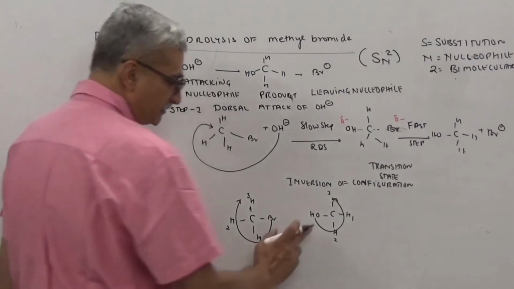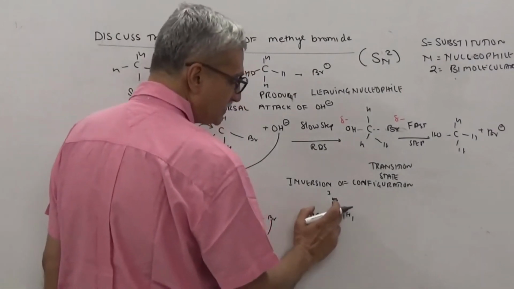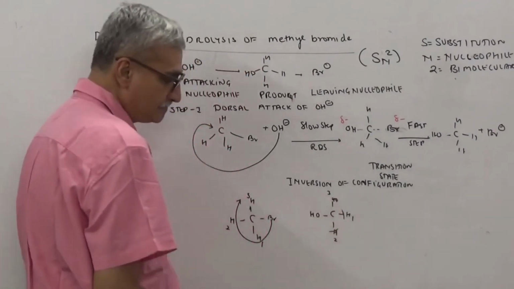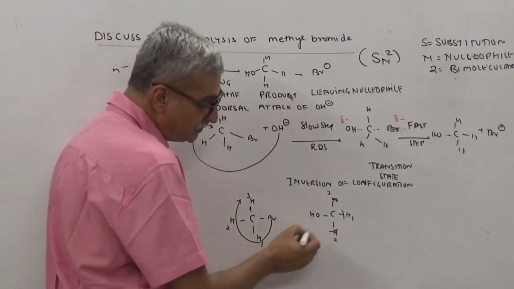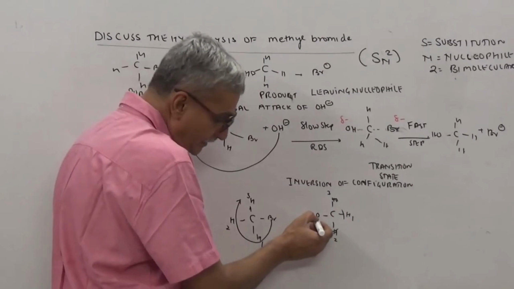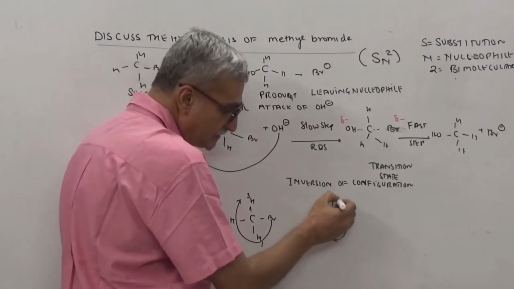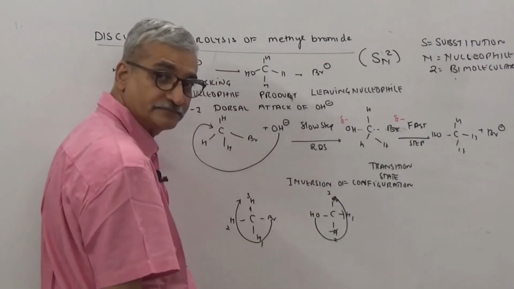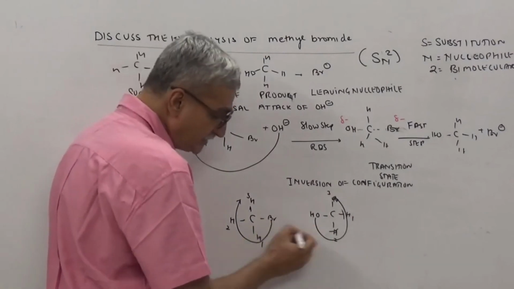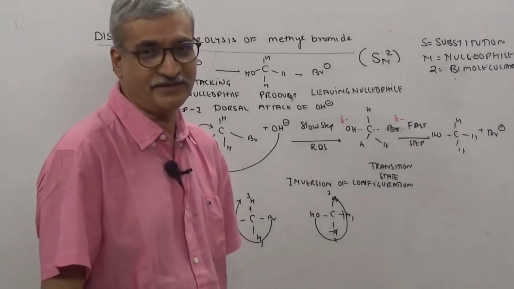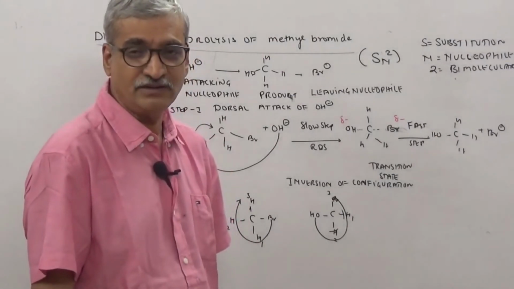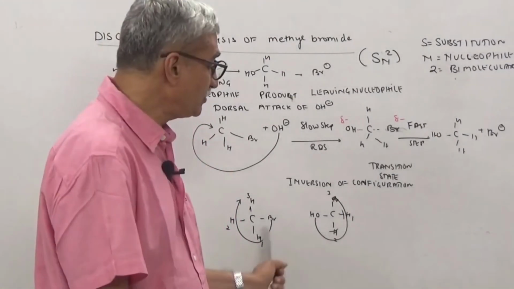So what is going to happen is, listen. From the higher to lower, in this case it is moving like this, so this is clockwise and this is anti-clockwise. This is what we call inversion of configuration. Are you understanding? Some teachers teach this is dextro, this will become levo.